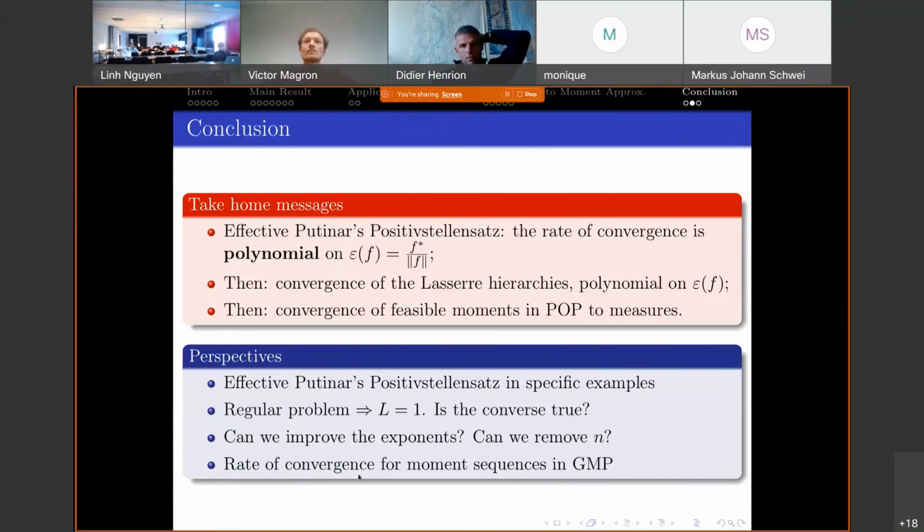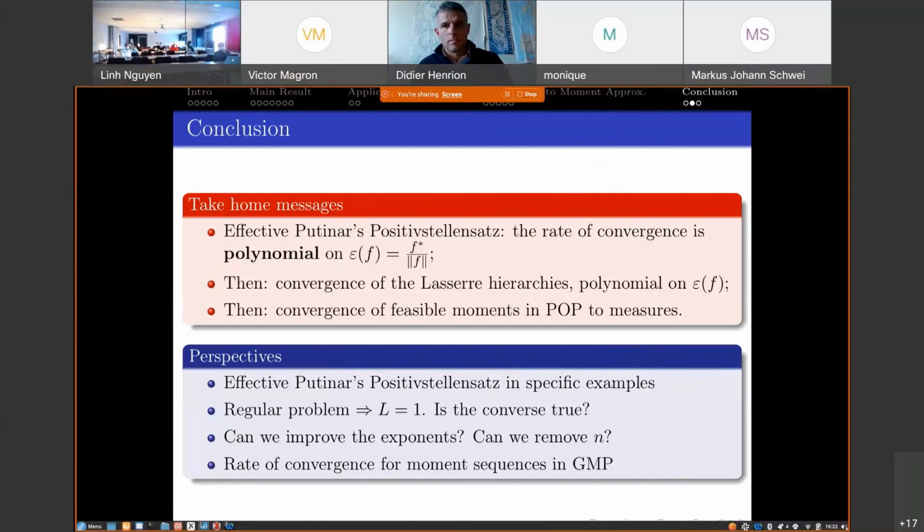What is the converse of this implication? We say that if L is big, then the dependence will be bad. It would be nice to know. And the third question is: can we improve the exponents, and especially can we remove L from the exponents? This would be very nice.